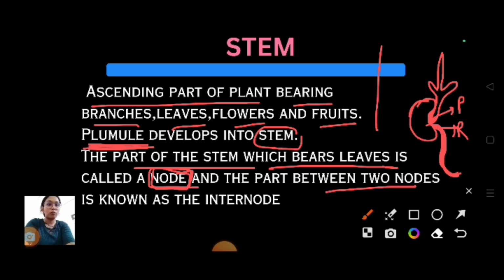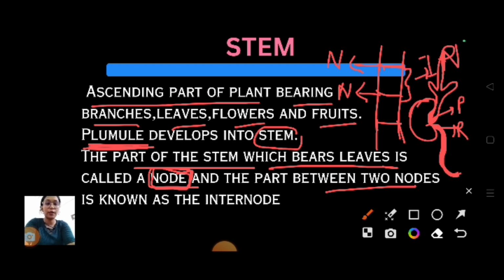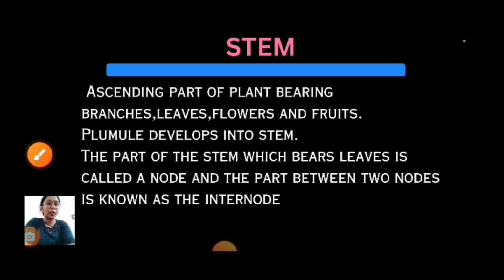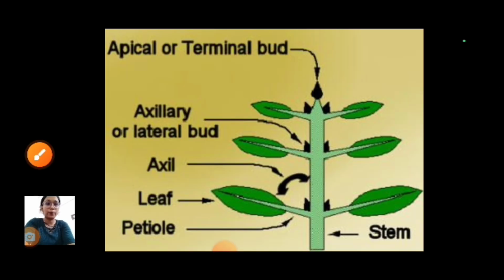So this is a branch. It's most visible in the bamboo plant. This is a node, and in between these two nodes there is an internode. I'll show you a picture, then it will be more clear to you.